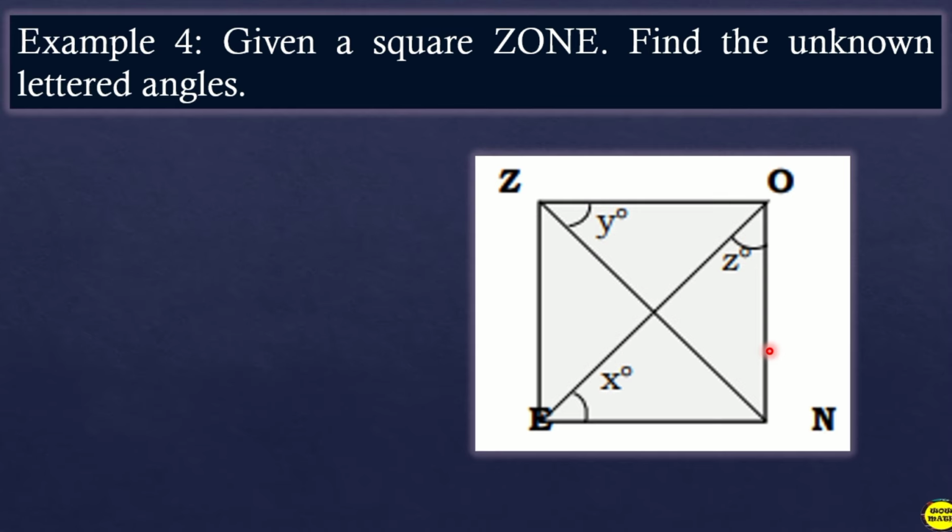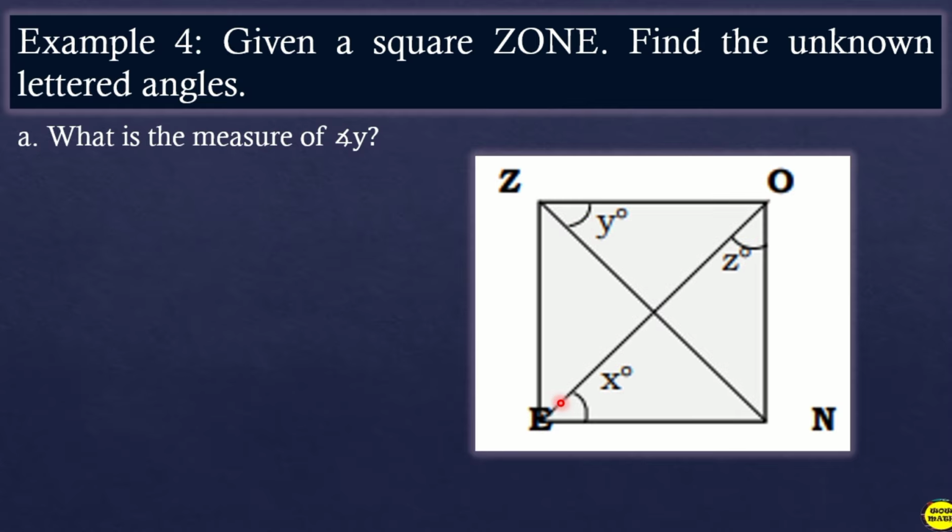Next, given a square ZONE, find the unknown lettered angles. Okay? So, first is the angle Y. So kanina, kagaya ng previous slide natin, yung angle Z, angle O, angle N, at angle E ay pare-parehas na 45 degrees yan.